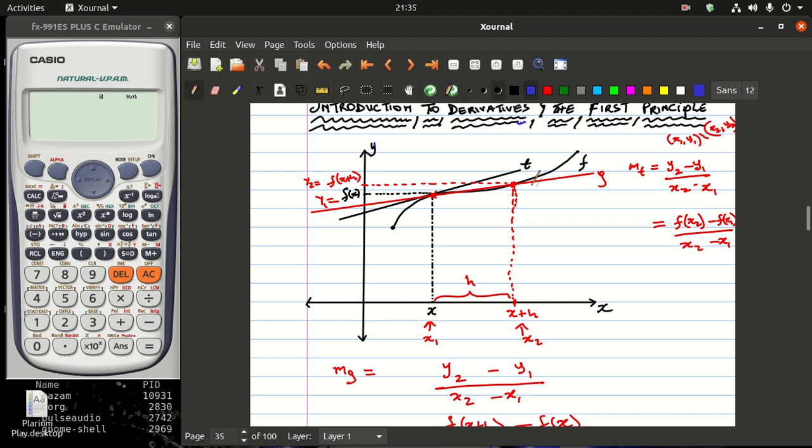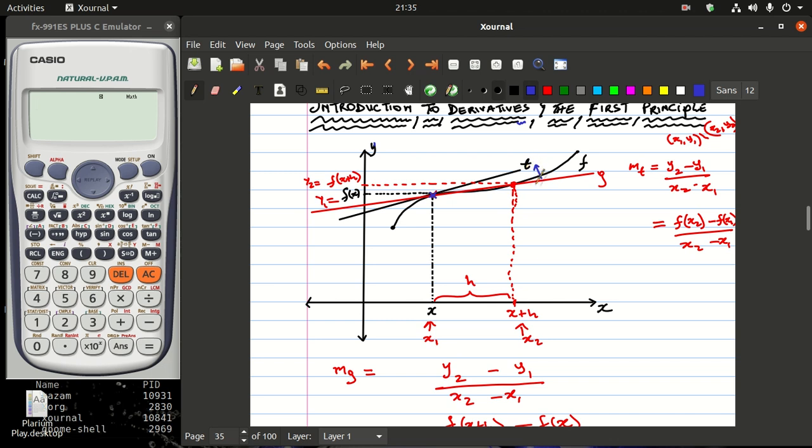So what do we do? In order for this line here to overlap with that line, we need to push this line up. And when we are pushing this line up, we fix that point and it's not going anywhere, but we are only pushing this line to go this way.